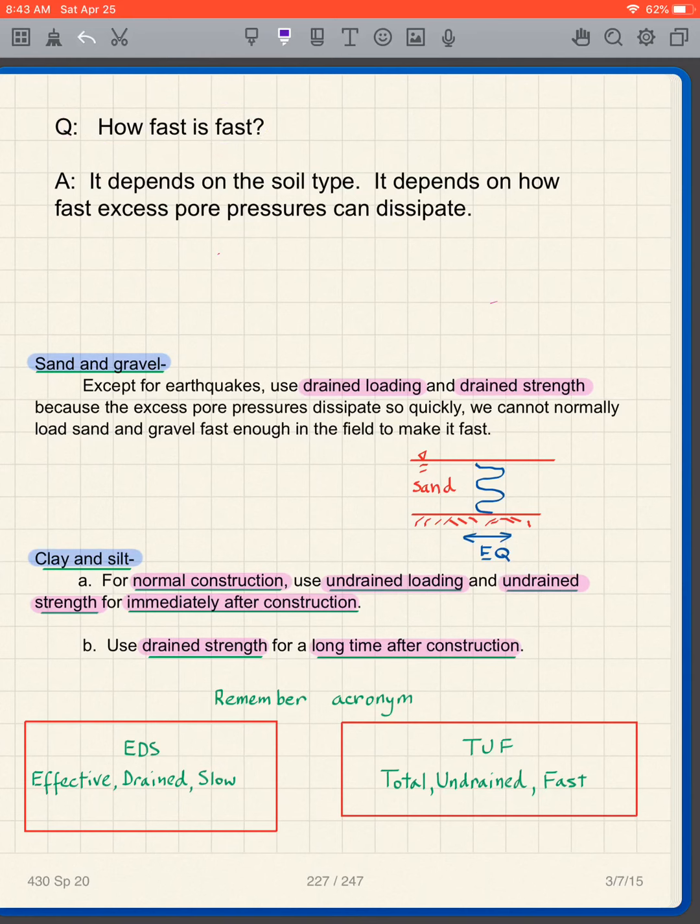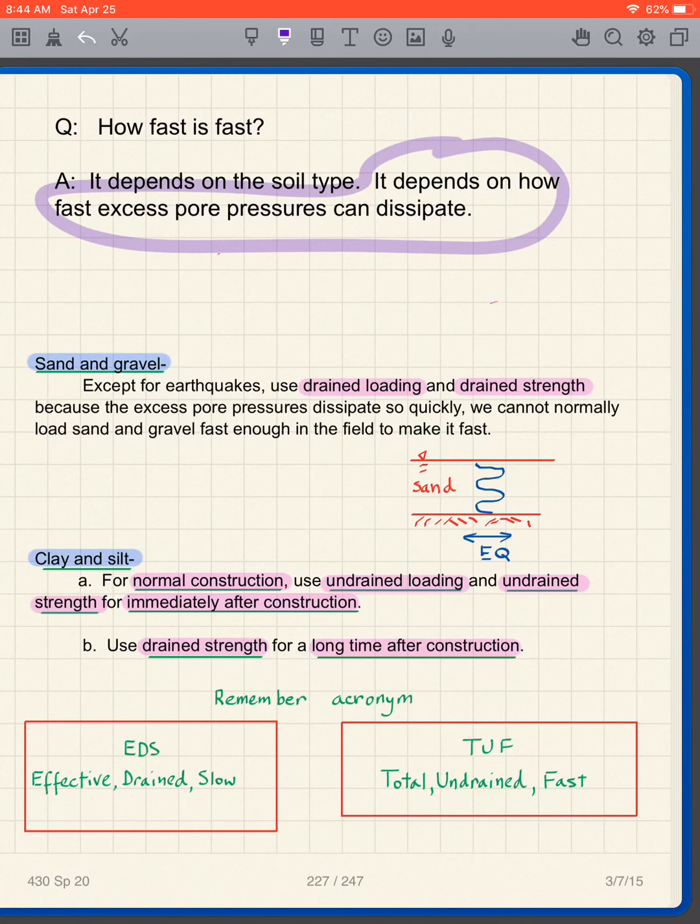In other words, we said if we load it quickly, it's an undrained loading. If we load it slowly, it's a drained loading. Well, the answer for how fast is fast is that it depends on the soil type, and it depends on how fast excess pore pressures can dissipate.